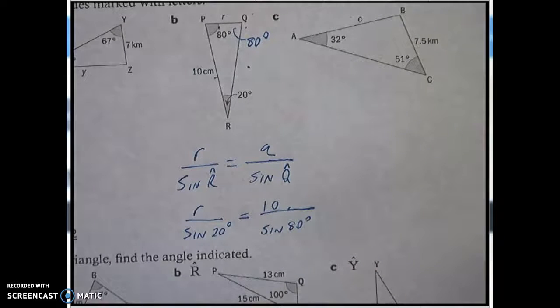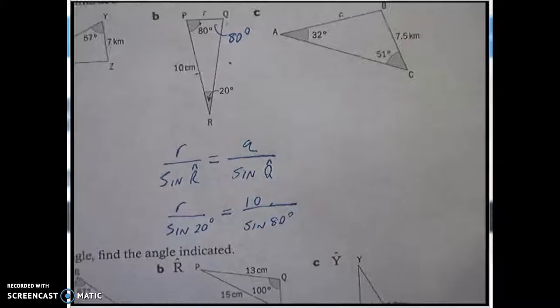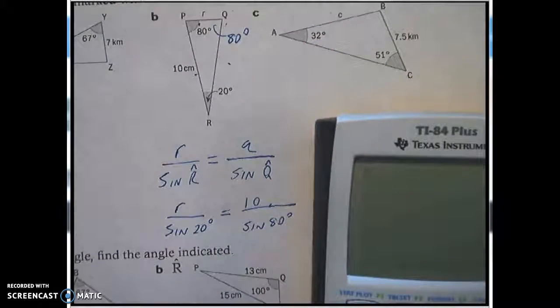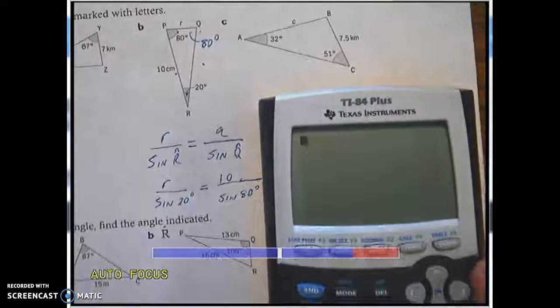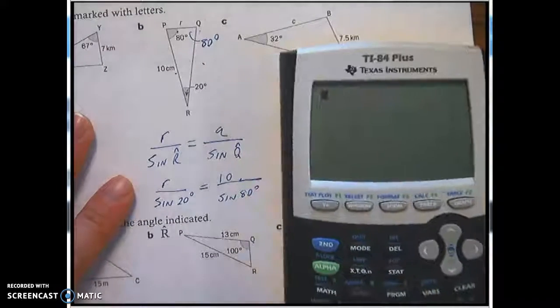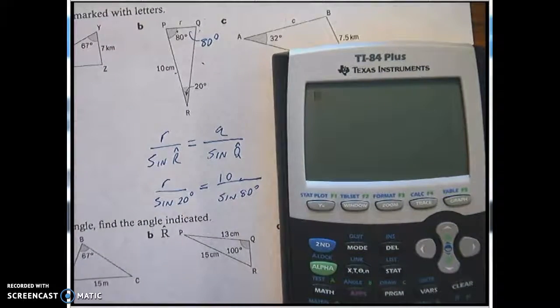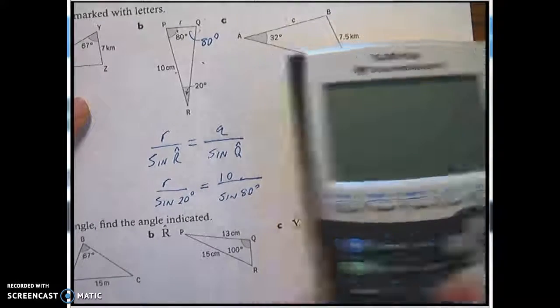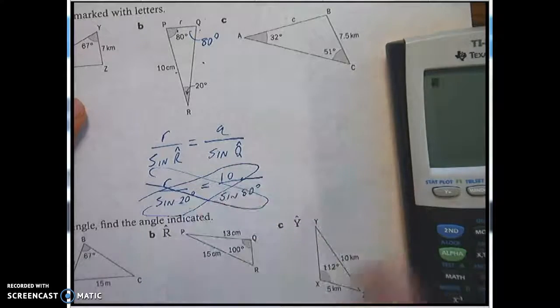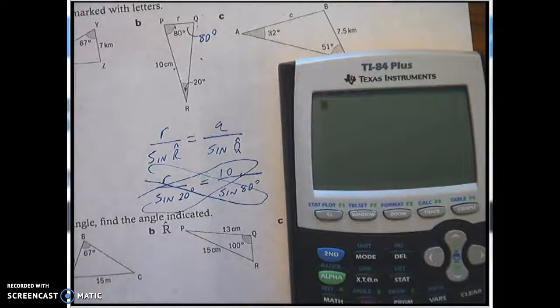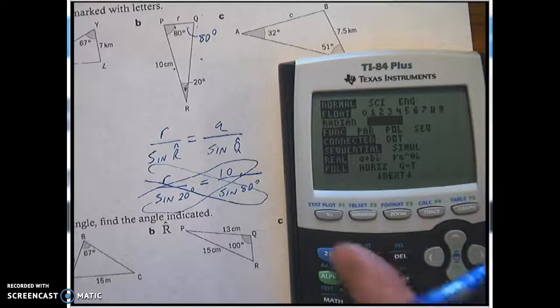We're going to want to solve this proportion, and at this point we can just go directly into the calculator because we know that to solve a proportion we're just going to cross multiply. First thing, make sure you're in degrees mode, so I'm going to hit the mode button and change it into degrees.